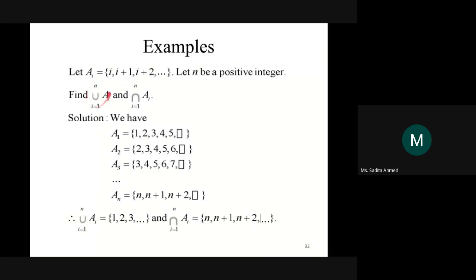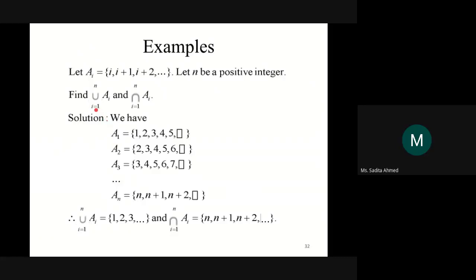So here, when you mean the generalized union or the generalized intersection, it means A1 plus A2 plus A3 plus so on until plus An. So if the upper limit is 2, that is, if n is equal to 2, then the first set you would have is for I equal to 1, so that's A1.